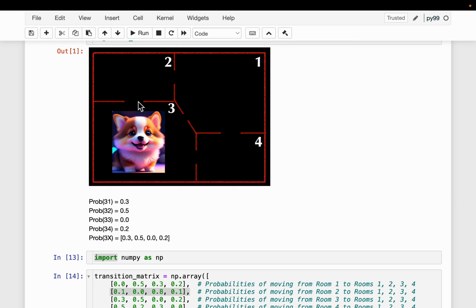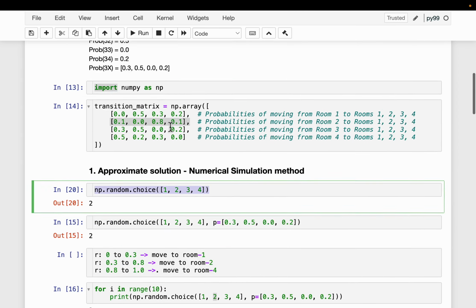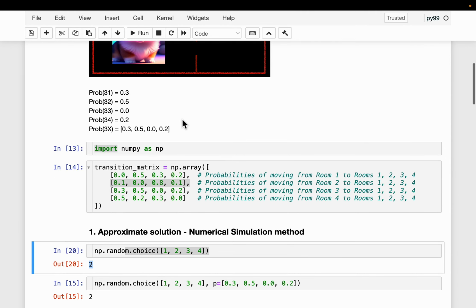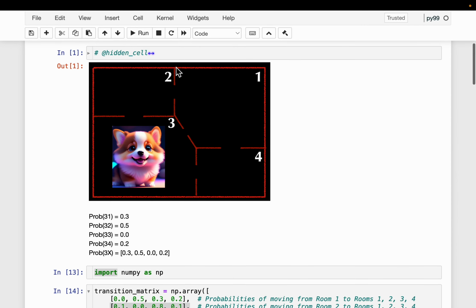So if it is 25% probability moving from room 3 to 2, 3 to 1, 3 to 4, and remaining within room 3, then we can make use of this function to simply sample. So the pet is in room 3, where is it likely to move? Just run this, and whatever you get, that would be the answer, right? So from 3, it moved to room number 2.